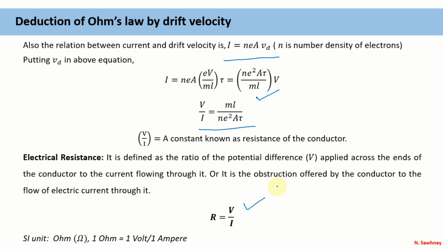Also, we can calculate its SI unit. The SI unit is ohm, which is nothing but volt upon ampere, that is, the SI unit of potential difference is volt and the SI unit of current is ampere, so volt upon ampere, or simply ohm.